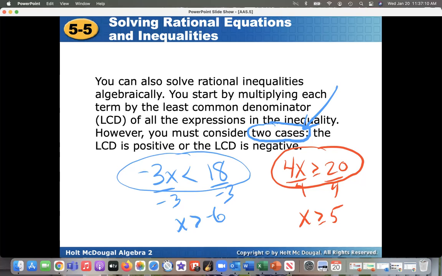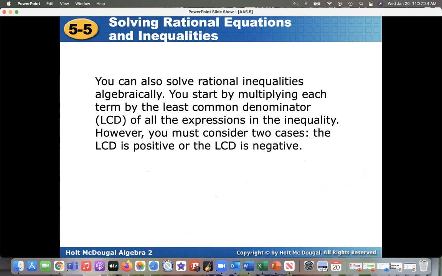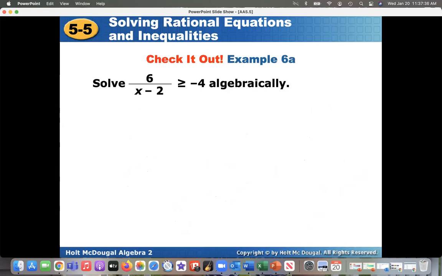Some values of the variable could make it positive, some could make it negative. So we're going to have to do two cases, because we have to change the sense of the inequality if we multiply by a negative. Half the work will be just what we've been doing. The other half we'll have to put a little twist on.